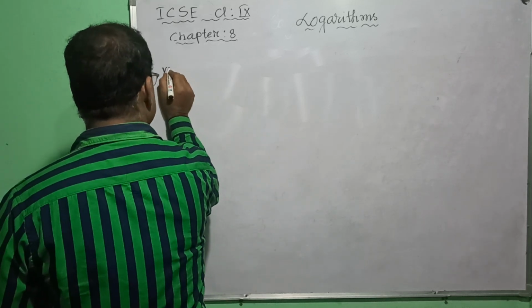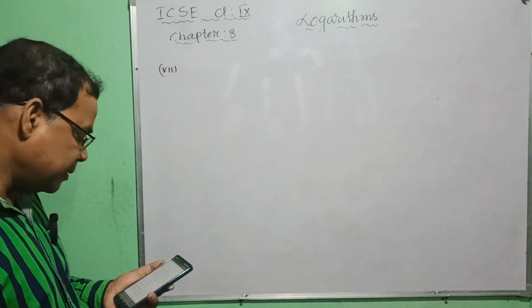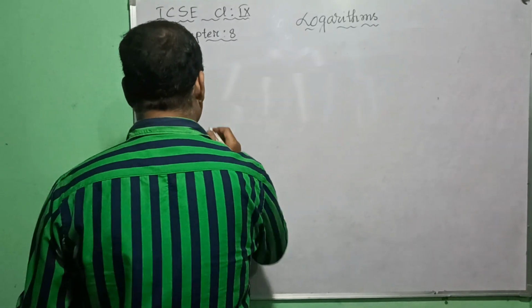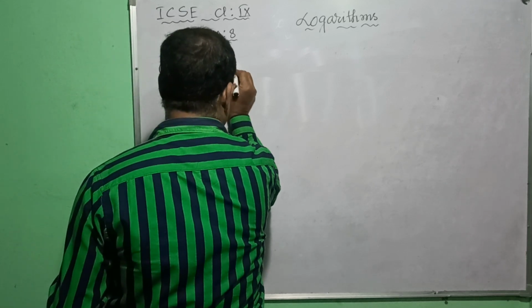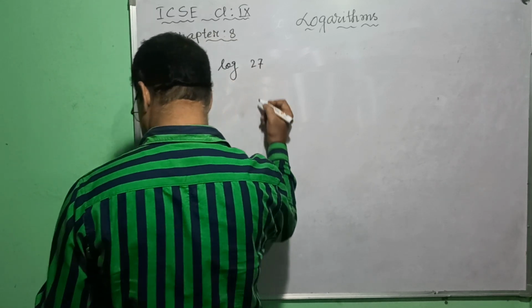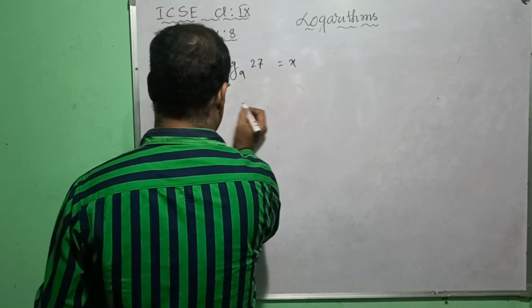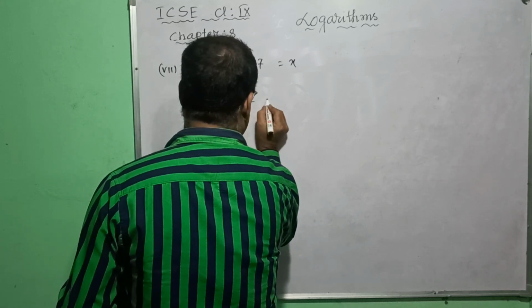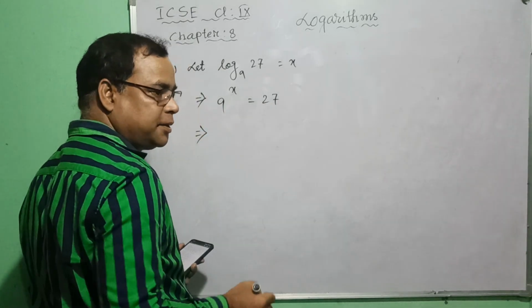In question number 7, it is given log 27 to the base 9. So we'll write, let log 27 at base 9 equal to x. This implies 9 to the power x equal to 27. This implies 9 we can write as 3 square.